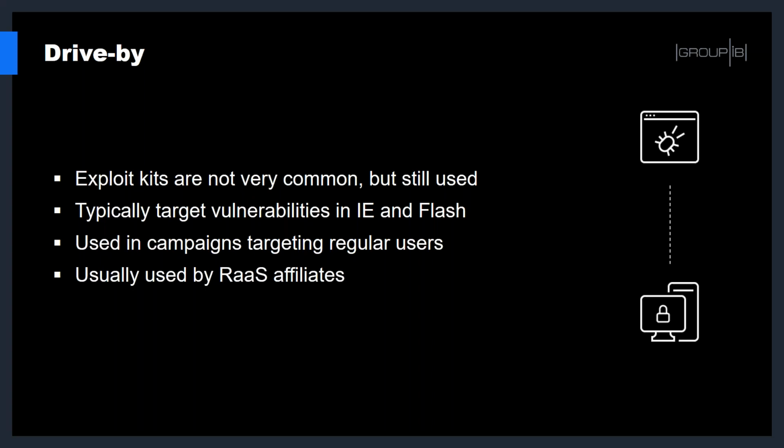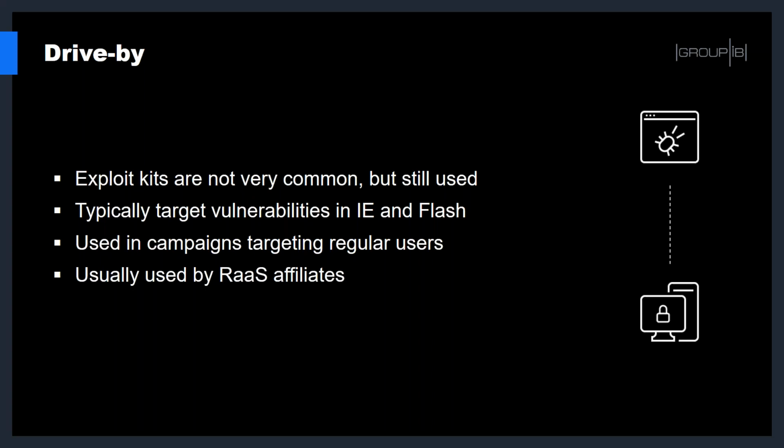Of course, exploit kits nowadays are not very efficient, but anyway, they are used from year to year, and they are still quite successfully used to infect just average people's workstations.